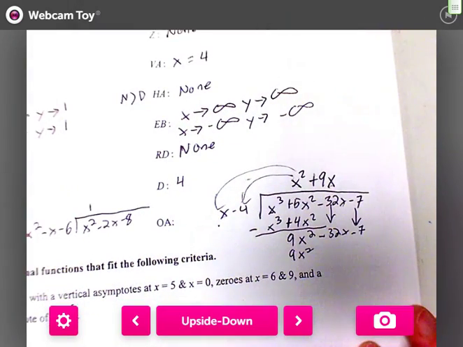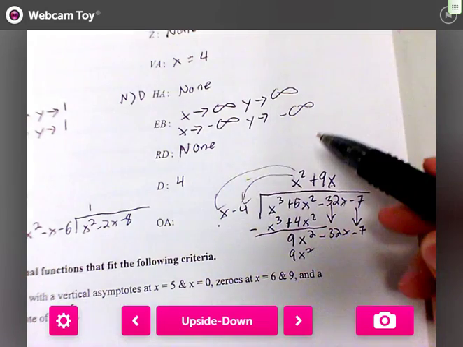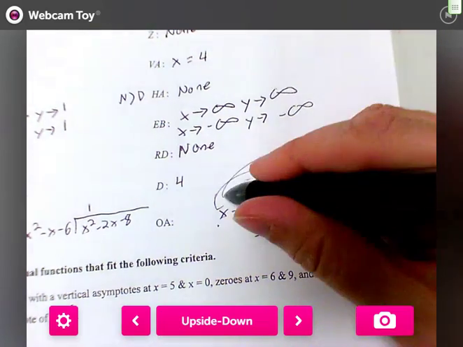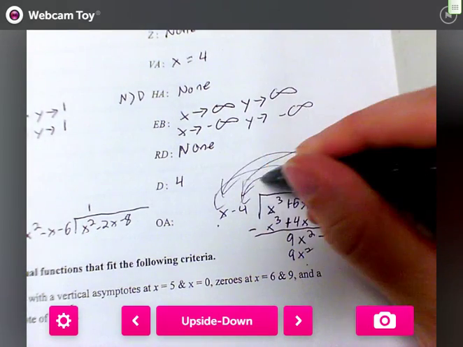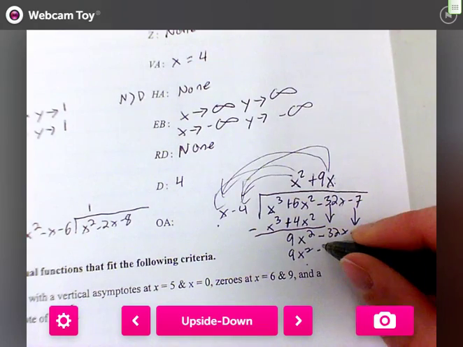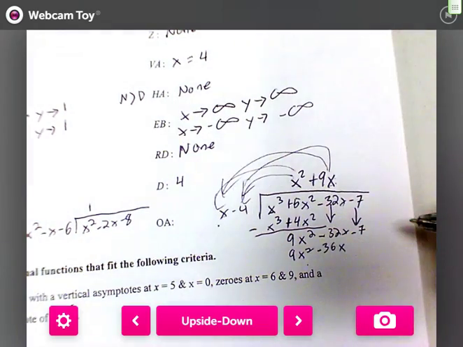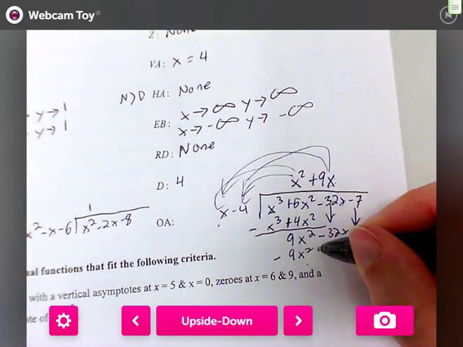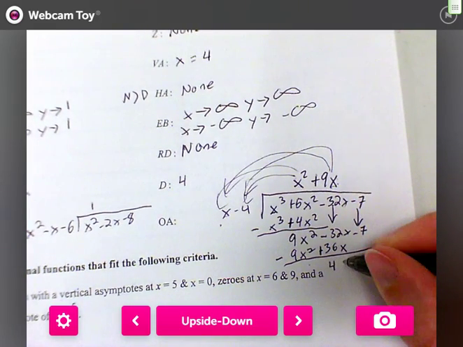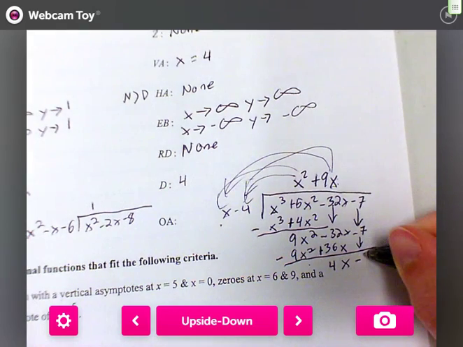Make sure you pull that down. Okay. 9x times x gives me 9x squared. 9x now times negative 4 gives me negative 36x. Now I'm going to change my signs, and I'm going to add straight down. I'm going to get 4x, and I bring down that negative 7.